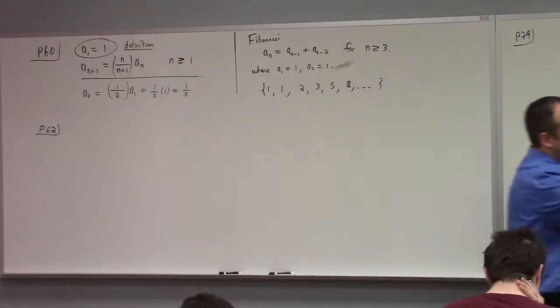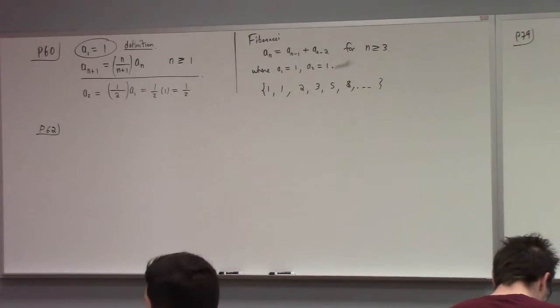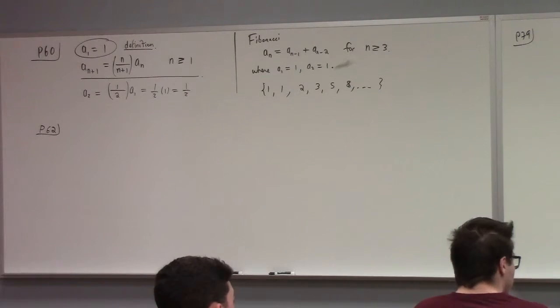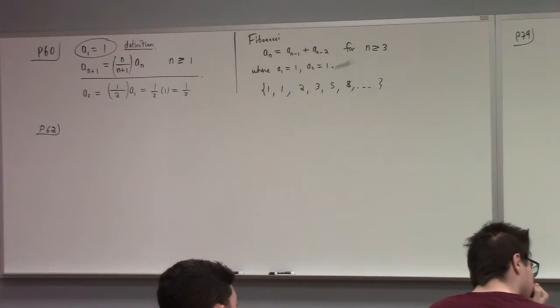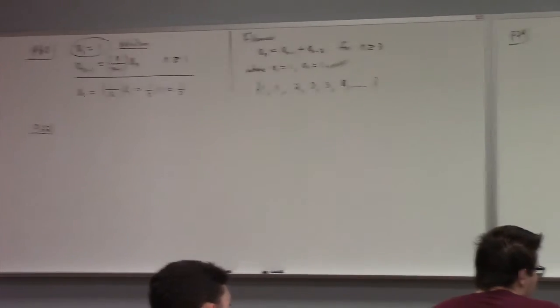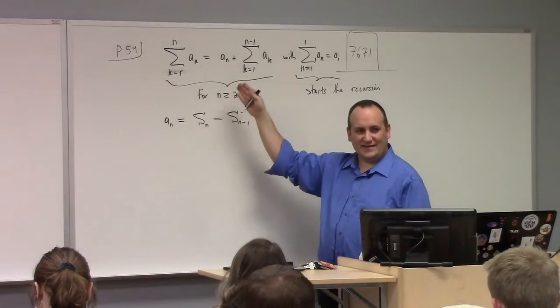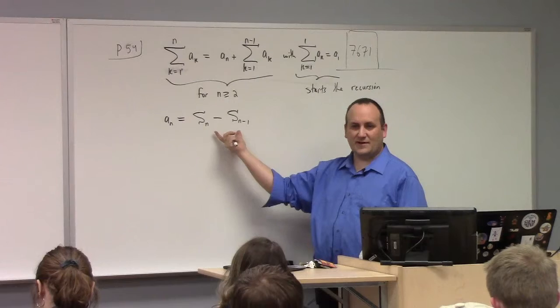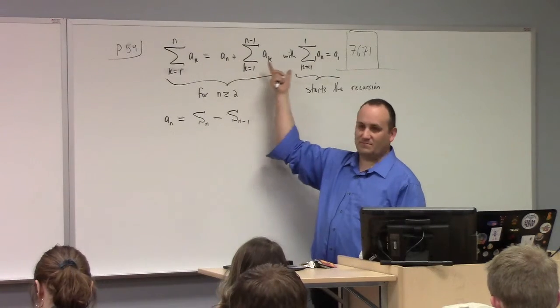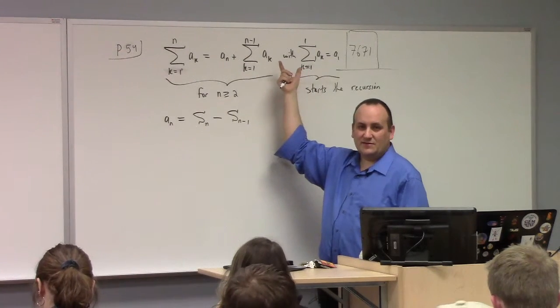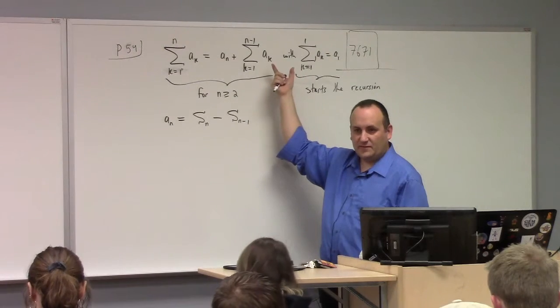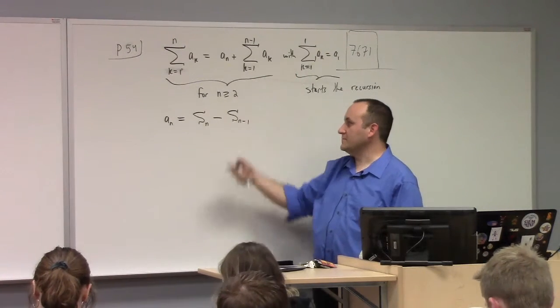Look, so problem 54, however you see it, whether you see it formally like I've written it here, or the way I did it in class, with plus dot dot dot notation, when you really get right down to it, it's the definition of the finite sum that gives you this.